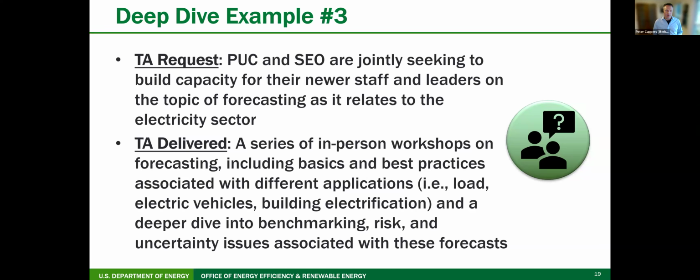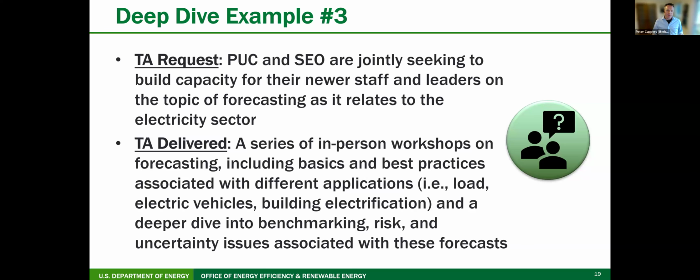Upon learning that they're going to receive this support, a team of SMEs from the labs connects with the state PUC and energy office team in order to discuss the intended goals of the training and who the ultimate target audience is for that training. The outcome is an agreement that the workshop should focus on the forecasting of load, electric vehicles, and building electrification, 3 core areas of interest for both the commission and the energy office.